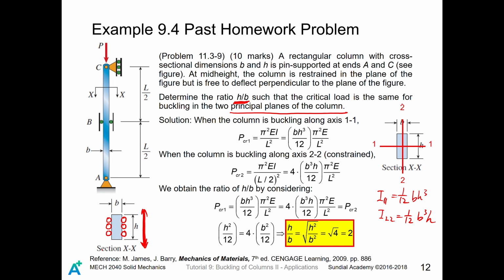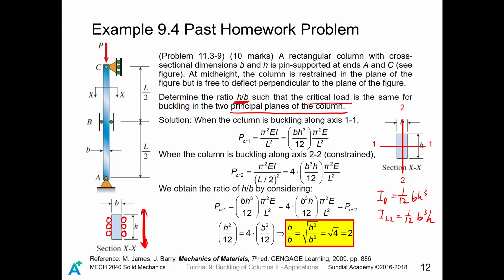If we want the column to buckle with respect to axis 2, 2, then the effective length of buckling will be 1/2, because here it is constrained from buckling. That is, if we want to buckle it, then the shape will be something like this and this. The effective length of buckling will become L divided by 2. So we are going to find the ratio H divided by B such that the critical load is the same whether the column buckles with respect to axis 1, 1 or 2, 2.